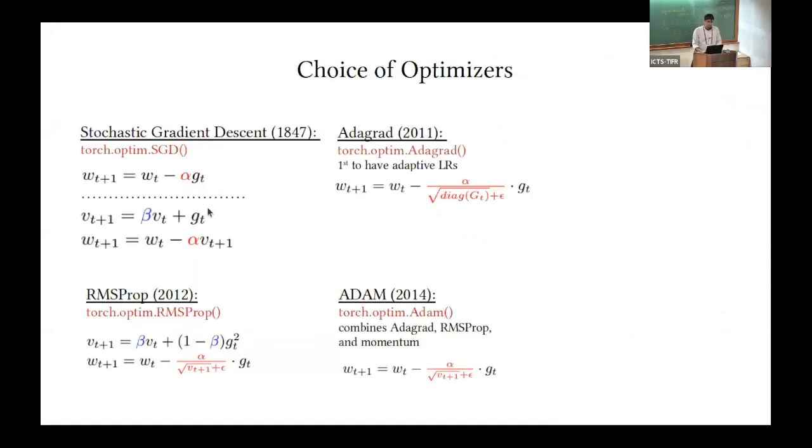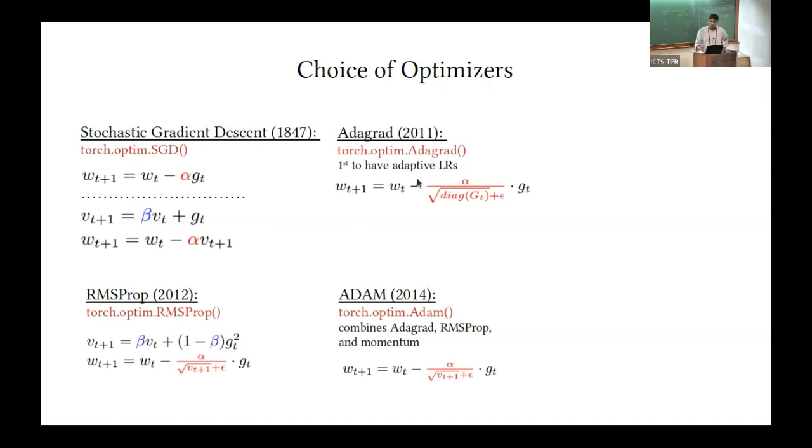Okay, so basically these two equations define stochastic gradient descent with momentum. Now, there have been some recent developments in the theory of optimization, and some new optimizers that make use of multidimensional calculus to create better update steps. In 2011, a new optimizer called ADAGRAD was introduced.